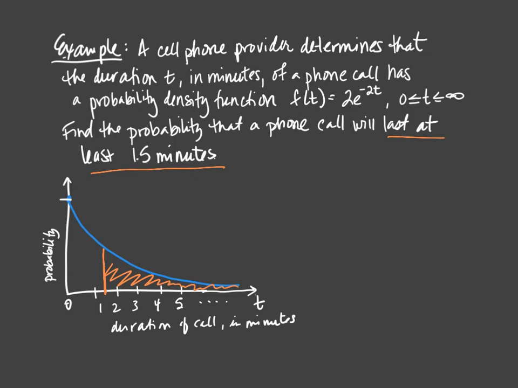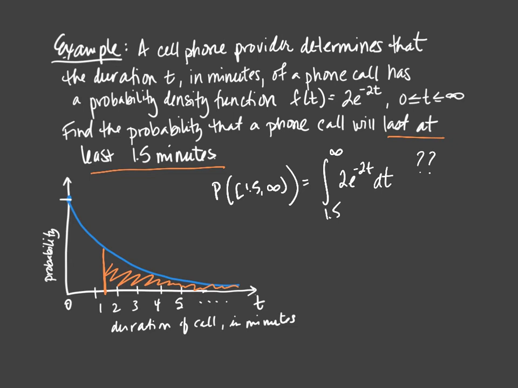Now we would normally say, well, this is the probability from 1.5 out to infinity, and if we tried to set this up from 1.5 to infinity, well, we haven't talked about how to do that, right? How do I evaluate something out toward infinity?